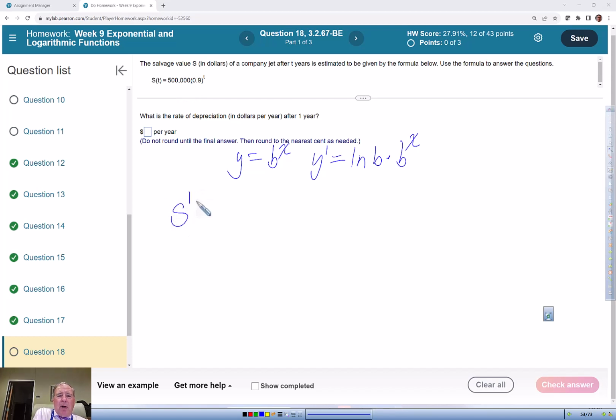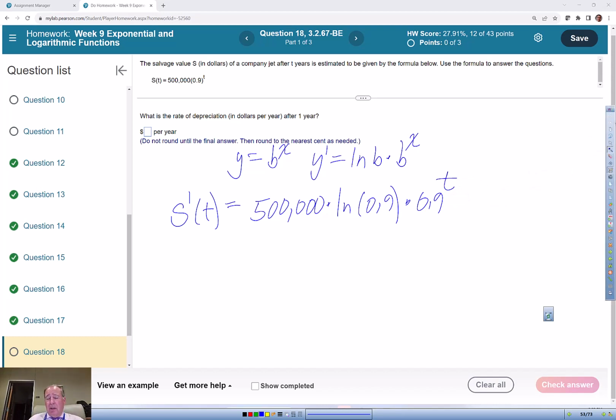So S prime at t is going to equal 500,000 times the natural log of 0.9 times 0.9 to the t power. So I'm going to put that into the calculator and evaluate it for 1, and they're going to have us do other values as well.